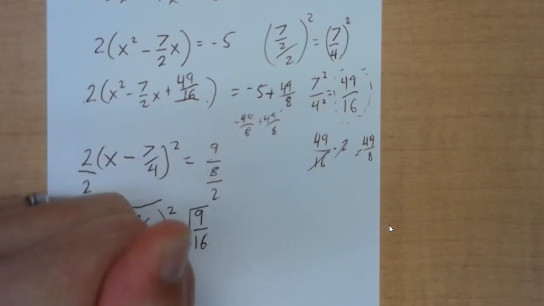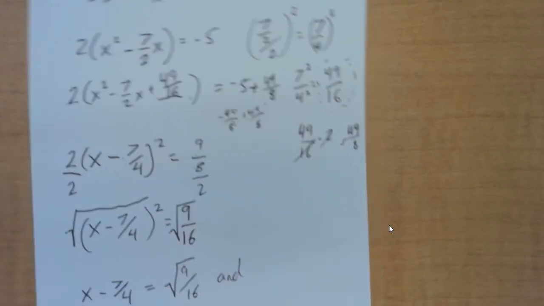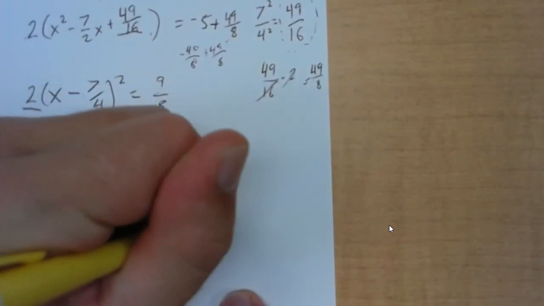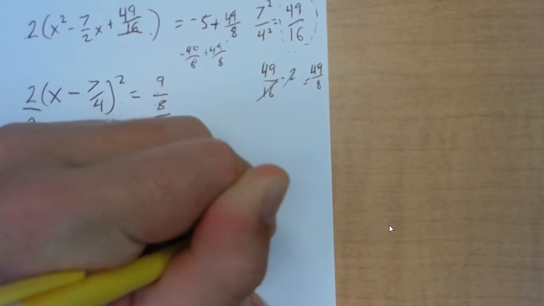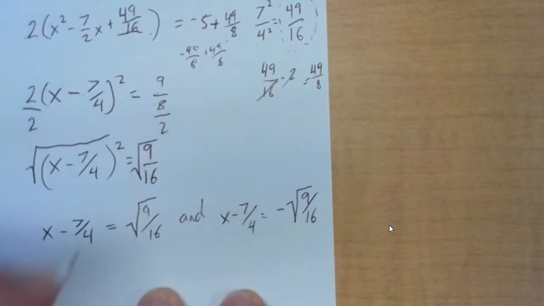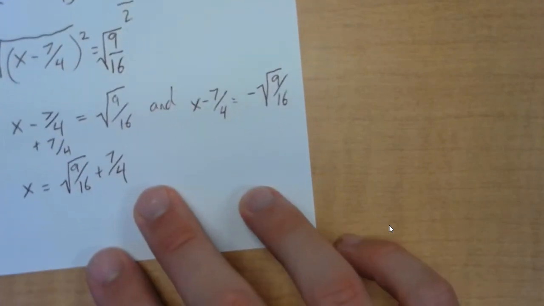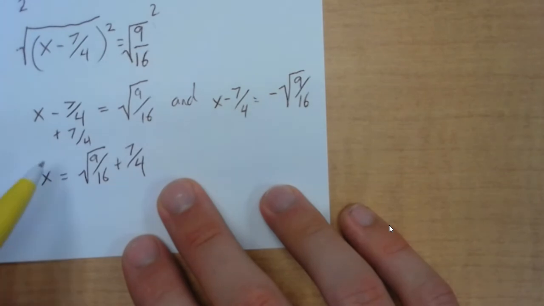We've got two cases, positive case, and I'll write down the negative case. So we're going to add 7 fourths to each side. And we can actually simplify this a bit.